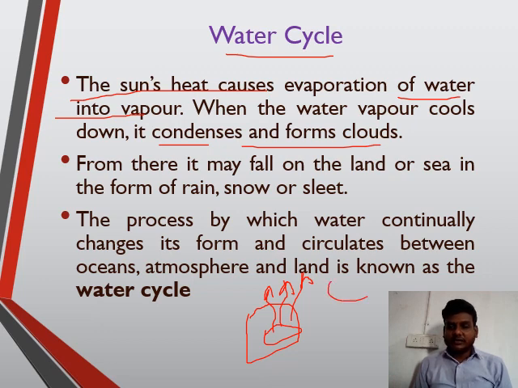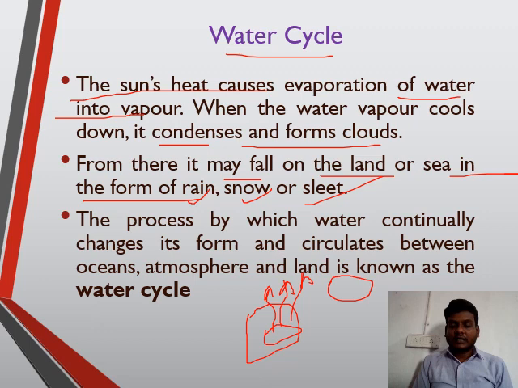This water is stored in the clouds. From there, it may fall on the land and sea as rainwater, snow, and hailstone. This is precipitation.